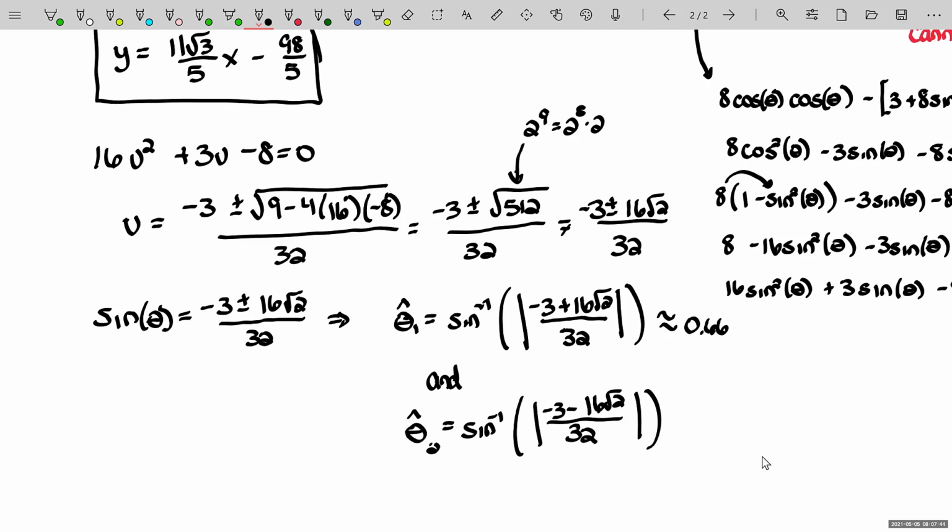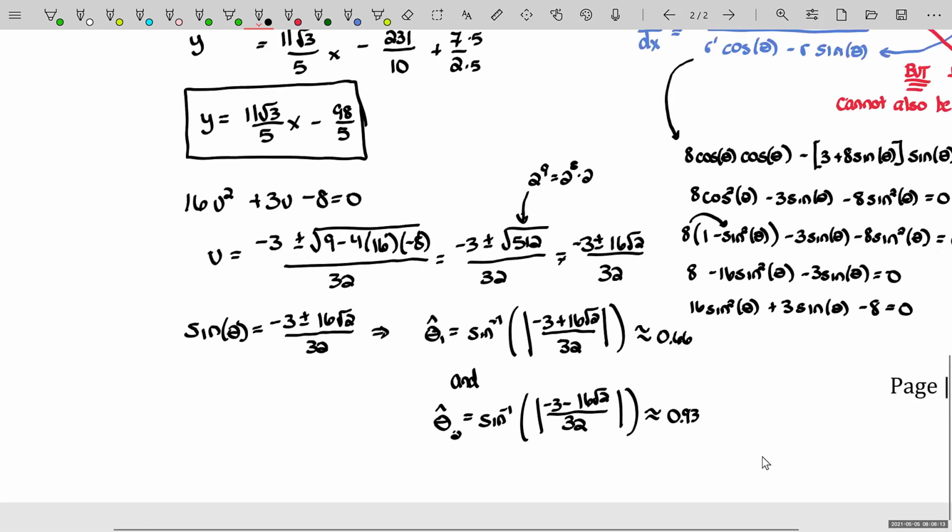Absolute value, so I want to make that a plus here maybe, is a 0.93. Roughly, again, radians. Both of those are quadrant 1 angles. All right, so those are my reference angles.